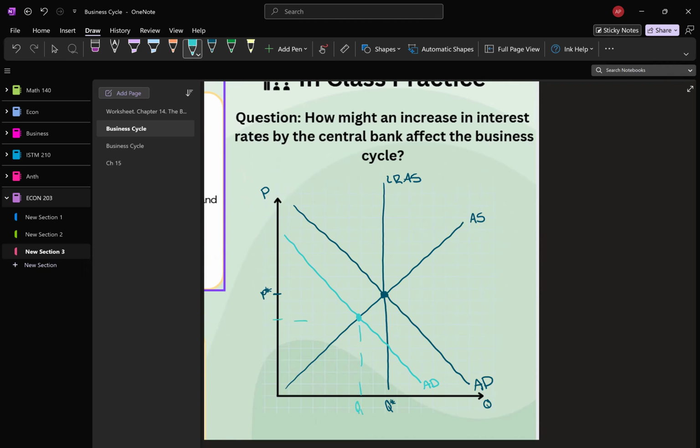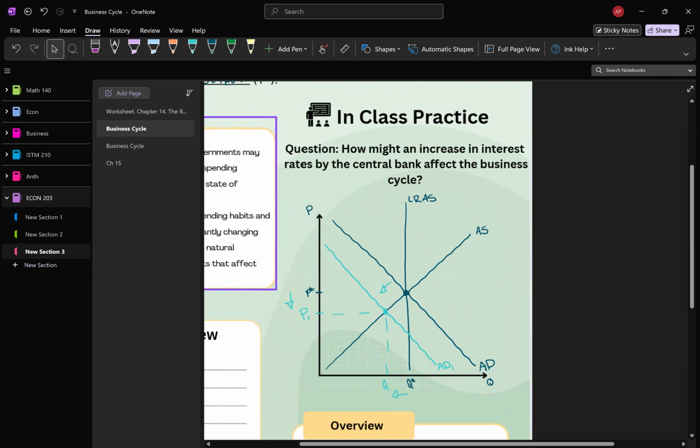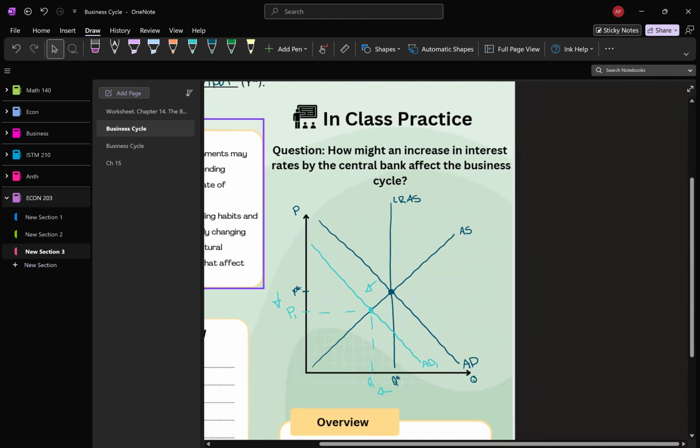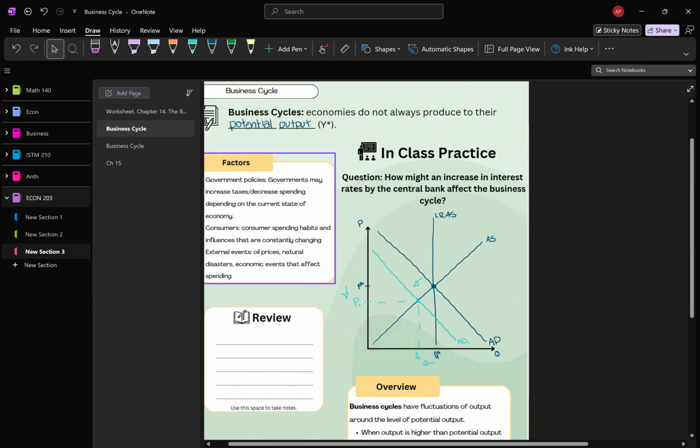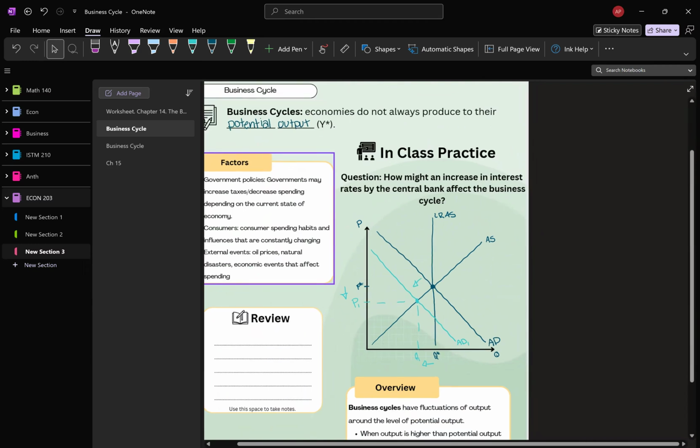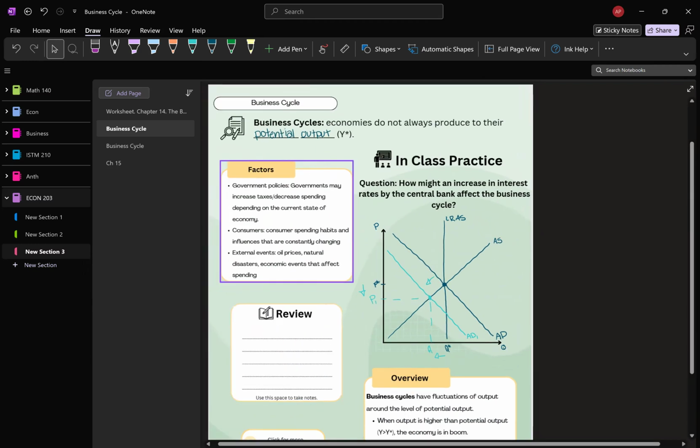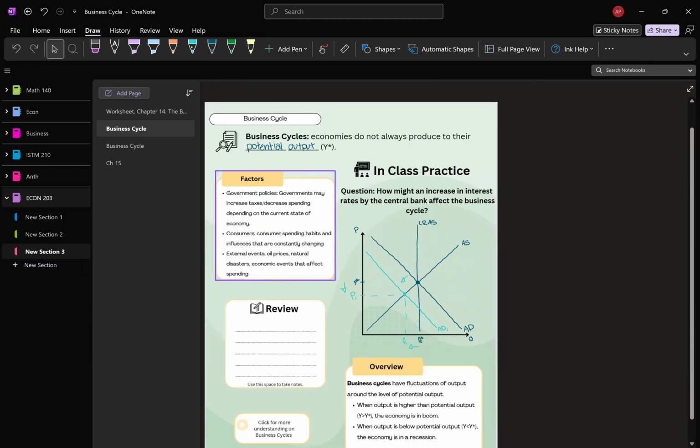This is a decrease, a leftward shift, which would decrease the price and decrease the output being produced. So I hope you understand why this would affect the aggregate demand: because it's affecting consumer spending and business investment, the demand would be decreased.